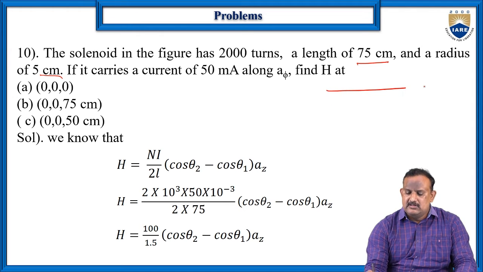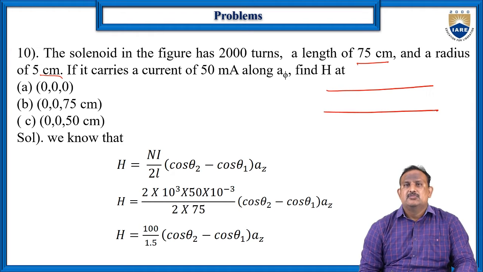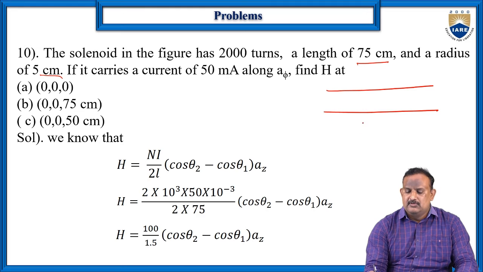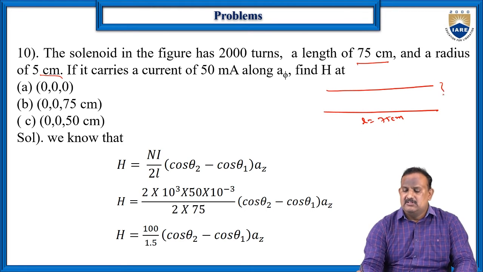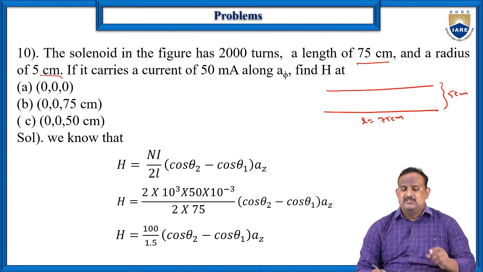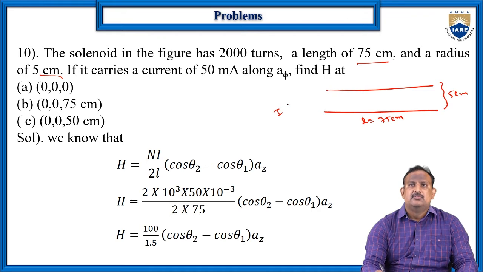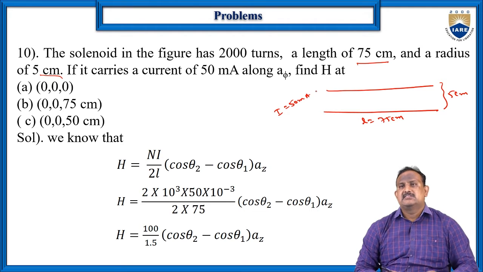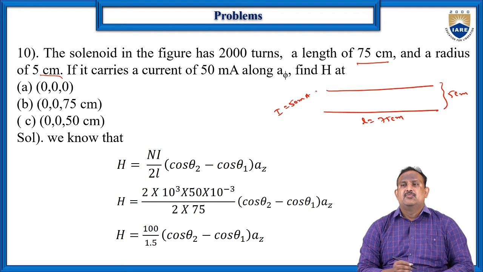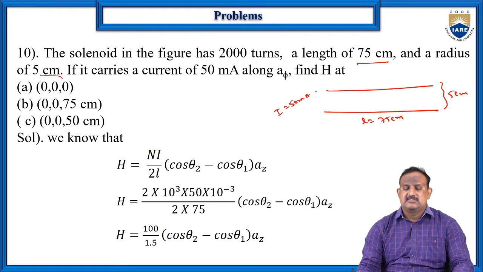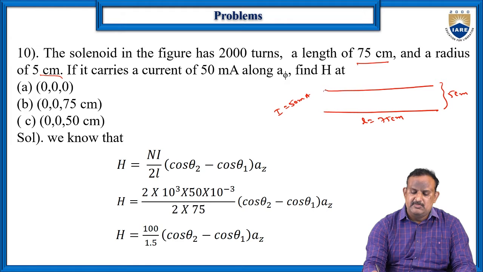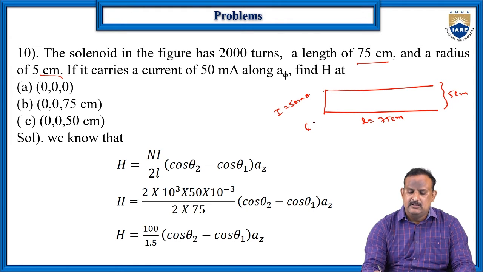Let us assume a solenoid like this, having length L equal to 75 centimeters and radius 5 centimeters, and carrying a current I equal to 50 milliamps. We need to find the magnetic field intensity at (0, 0, 0), which means at the starting of the solenoid.